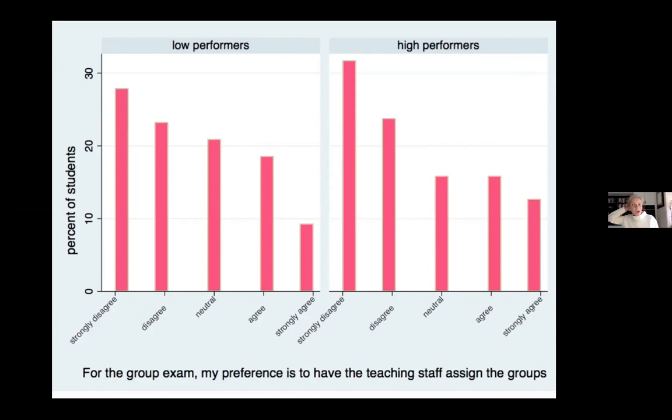And the answer is no. There was no difference between exams. I should have shown that plot. I didn't because it was a negative result. There was no difference in whether we made the groups versus whether the students made the groups in terms of high versus low performers, which again is very confusing to us. And I think it's difficult to interpret because of the entanglement.